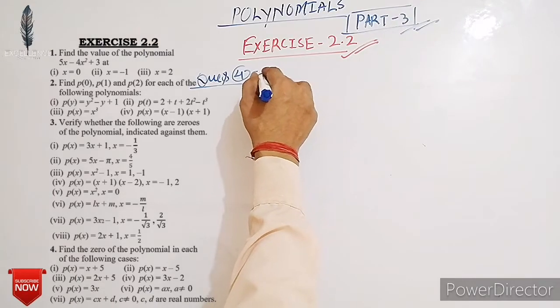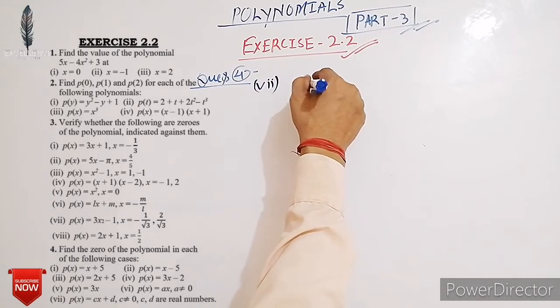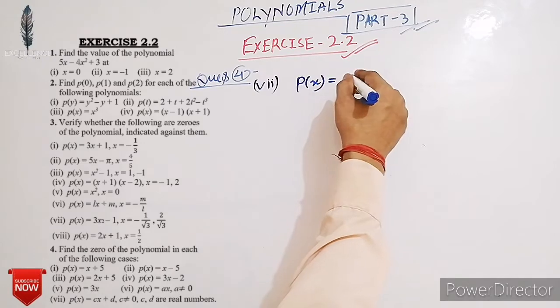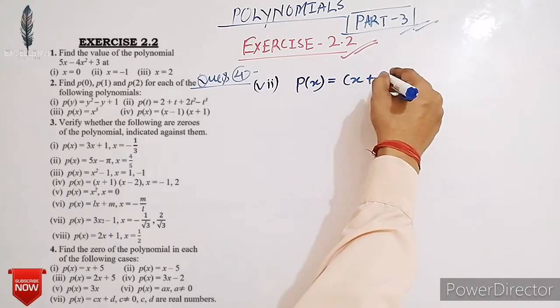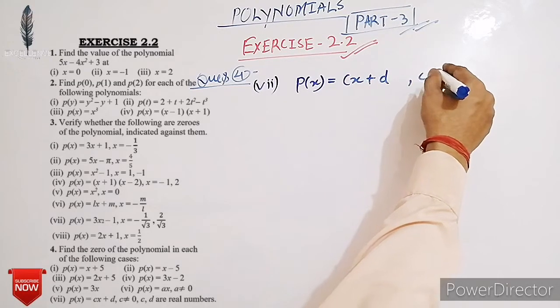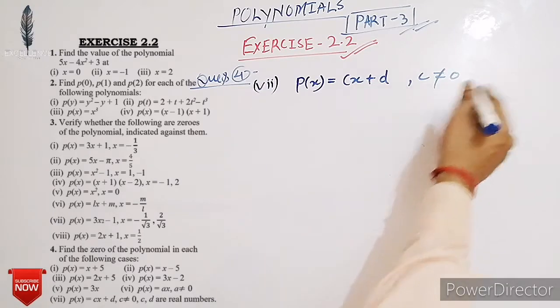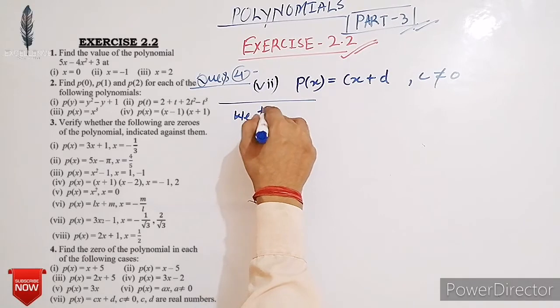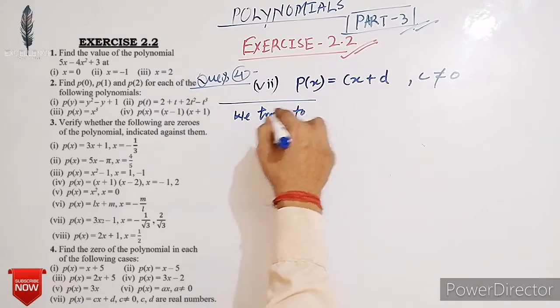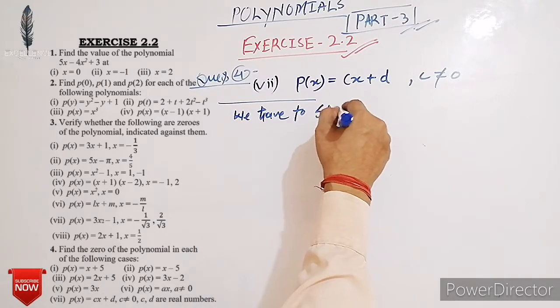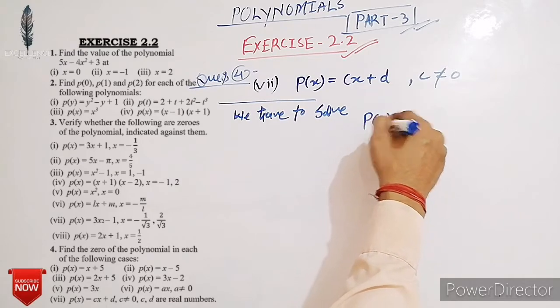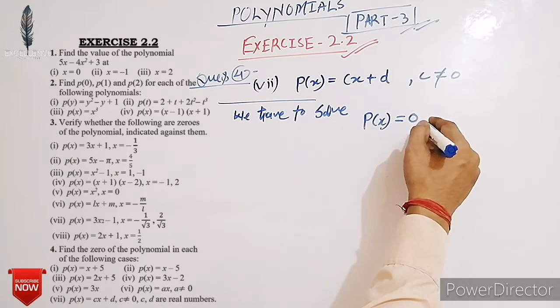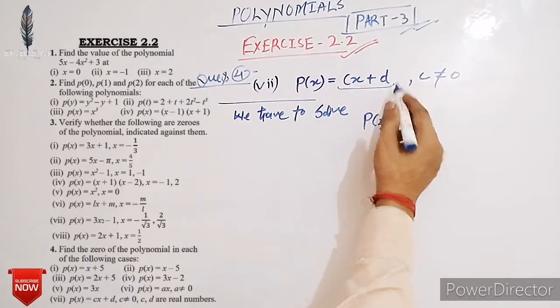Now next is P of x is equals to cx plus d, where c does not equals to 0 and c and d are real numbers. So here we have to solve P of x is equals to 0. So here P of x is equals to cx plus d.